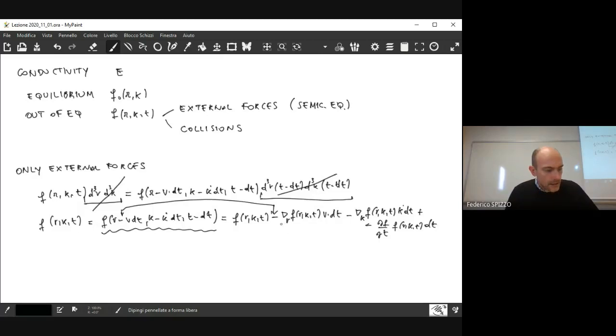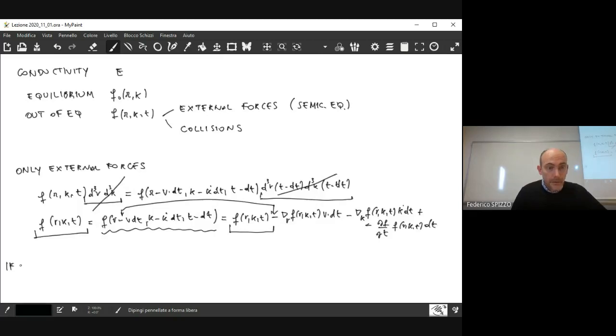So this is what I expect just if classical dynamics has to be considered. So in the variation between f at time t and f at time t minus dt, this should be the leading equation. And as you note, this term here can be simplified with this term here. So we are left with the fact that the sum of these three terms has to be equal to 0. So this is if we only consider external forces.